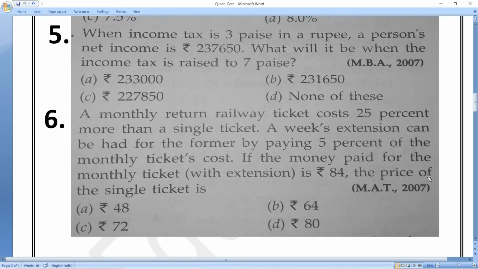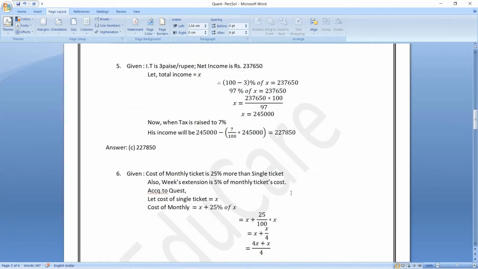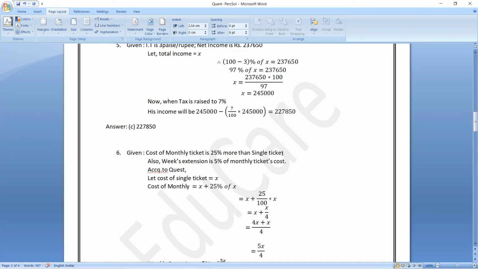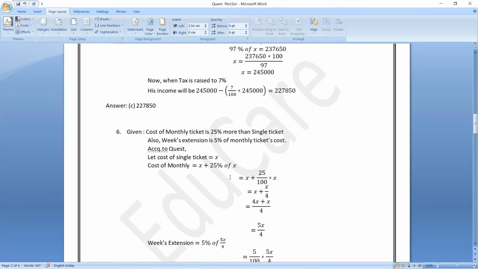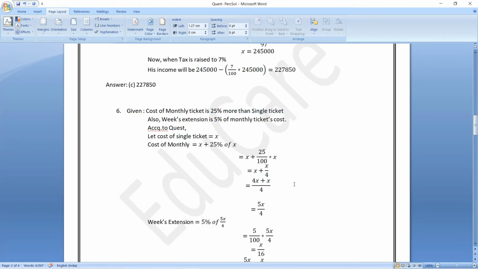Now what we will do is, we will first write down the information that is given, that is, the cost of the monthly ticket is 25% more than the single ticket, and the week's extension is 5% of the monthly ticket's cost. Okay, so according to the question, we will take the cost of the single ticket to be X. The cost of the monthly ticket is 25% more than the single ticket, that is X plus 25% of X. Now for solving, the cost of the monthly ticket in terms of X is 5x by 4.